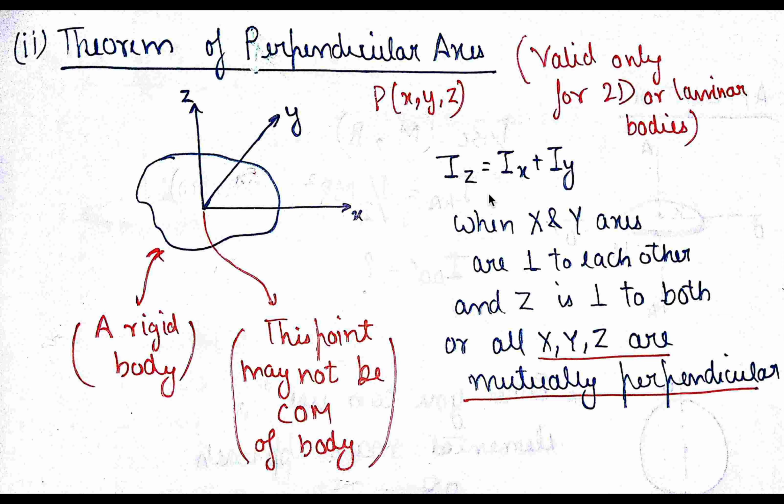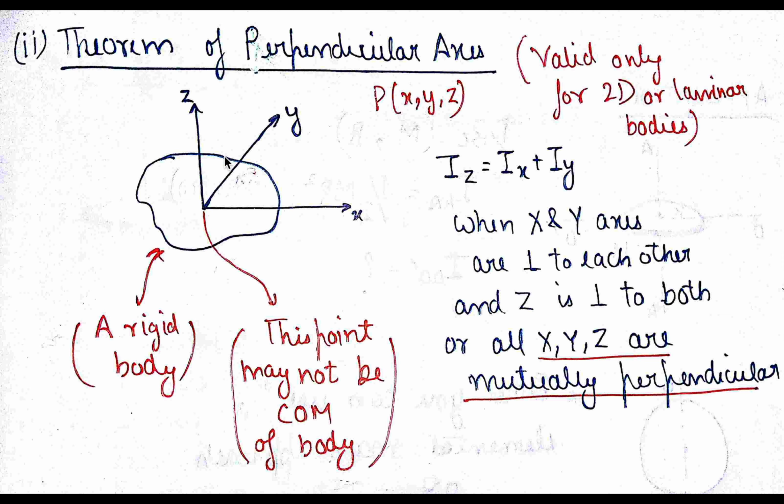So what does the theorem of perpendicular axis say? It says that the moment of inertia about the z axis is equal to the sum of the moments of inertia about the two axes which are perpendicular to it and are also perpendicular to each other. So you can see that Iz equals Ix plus Iy, and the condition is that z is perpendicular to both of them.